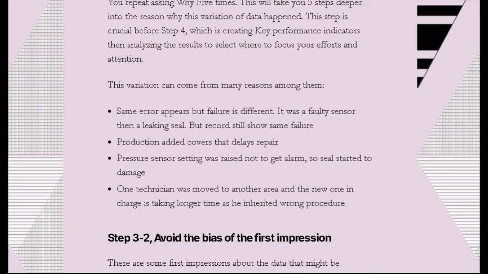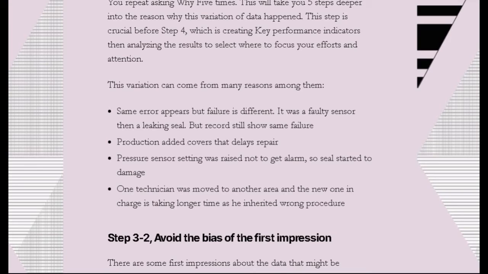Someone adjusted a sensor differently from the original settings to avoid its continuous failure, and then the seal was damaged. One technician was moved to another team or was on vacation, and then the repair time extended. This means that there is no flow of information within the team.